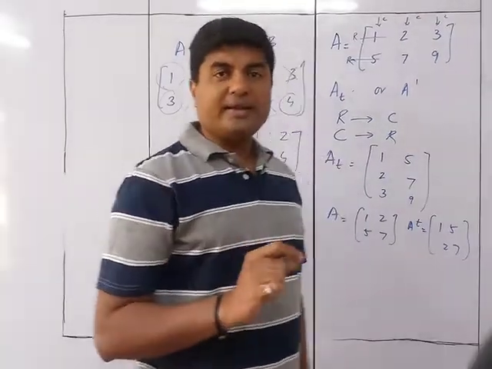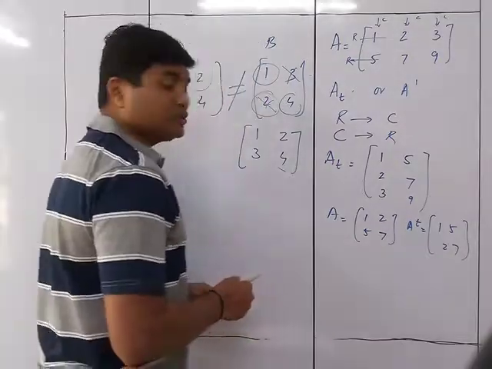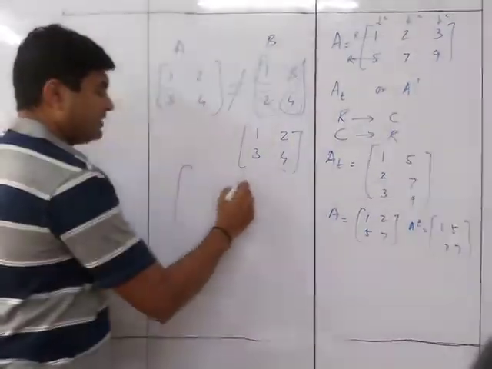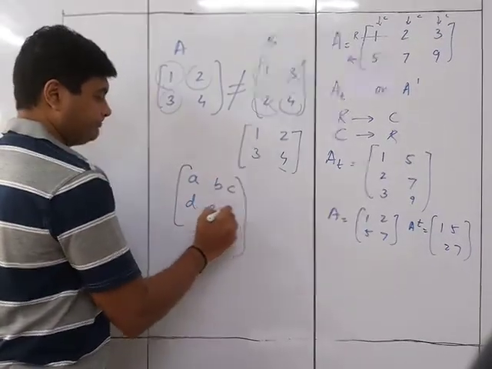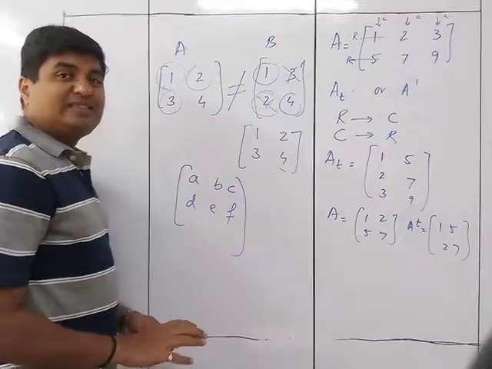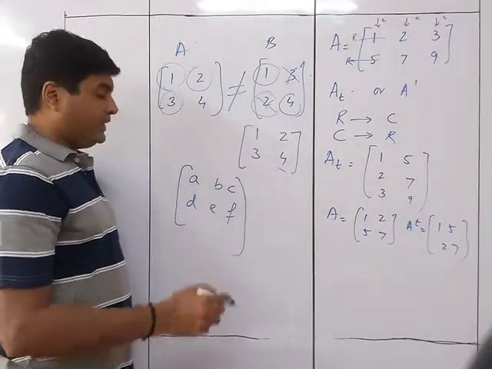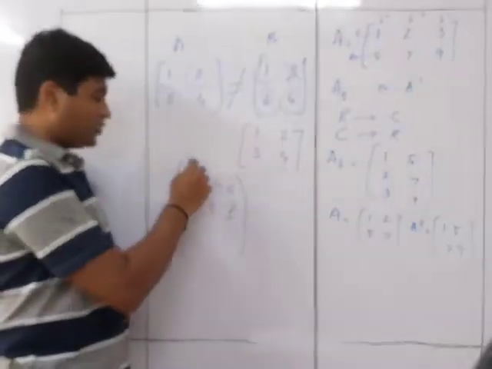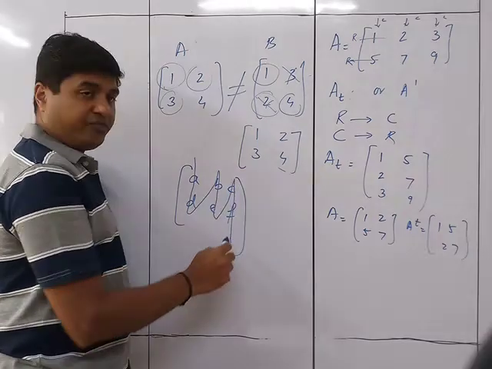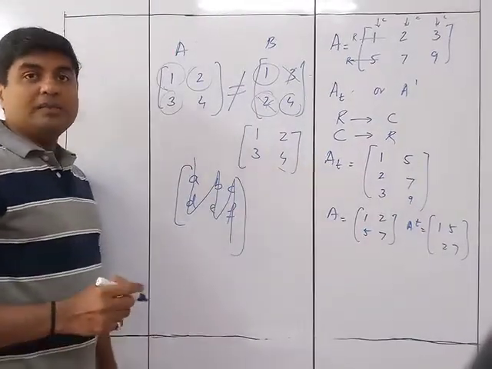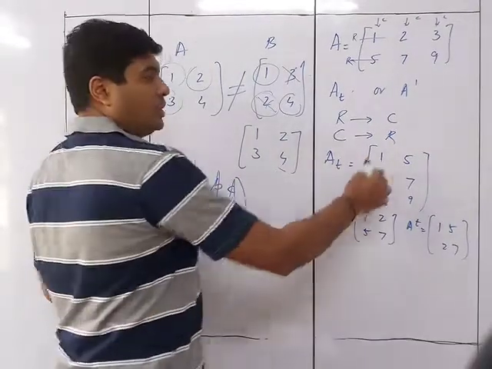Now one more important thing: in my lectures, whenever I speak a matrix, like for example this matrix I have written over here, I will always read it out column wise. That means I'll go like this: A, D, B, E, C, F. All matrices will always be spoken column wise.